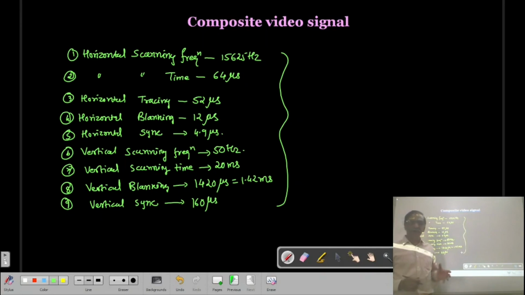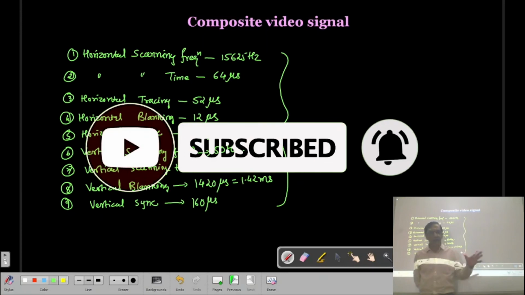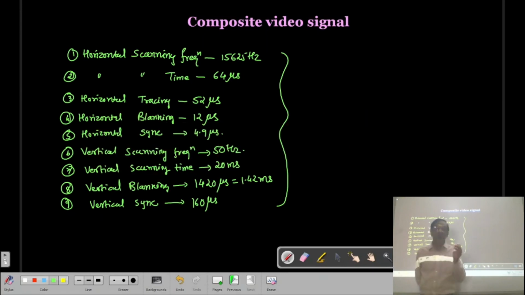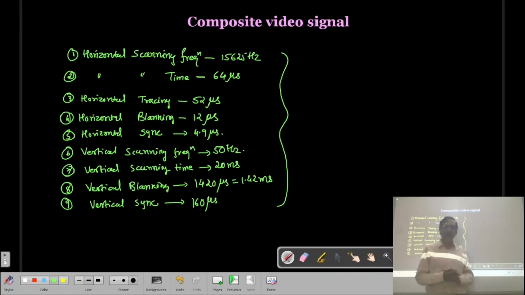Remember that the horizontal blanking pulse, vertical blanking pulse, horizontal sync pulse and vertical sync pulse are separated through a high pass filter or a low pass filter, and then given to separate oscillator circuits. The horizontal sync pulse is given to the horizontal oscillator, the vertical sync pulse is given to the vertical oscillator, and accordingly the scanning will be performed by the electron gun of the picture tube. Okay? So this is about the composite video signal.